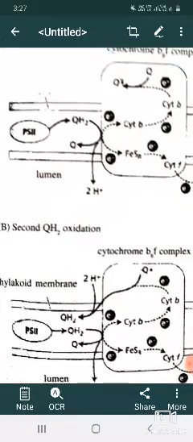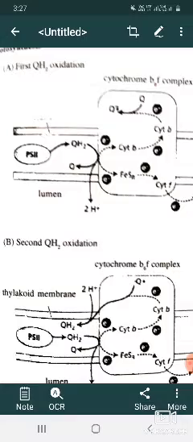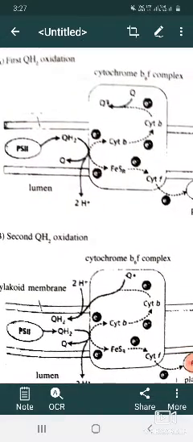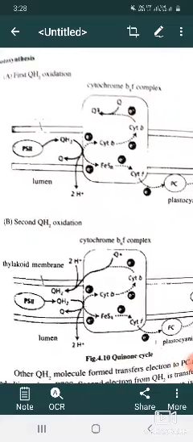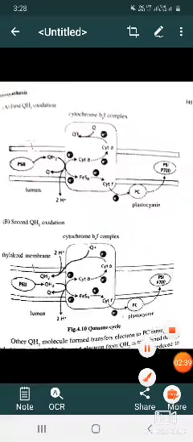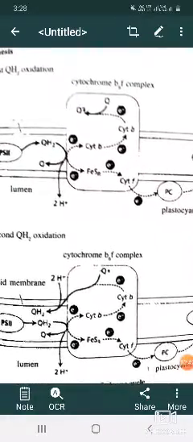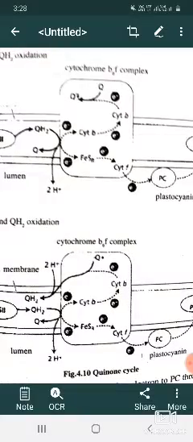pheophytin. So, PQ is reduced to plastoquinol by taking electrons from the reduced quinone and 2 protons from the stroma. For every 2 electrons transferred, 4 hydrogens are released into the lumen by the quinone cycle.